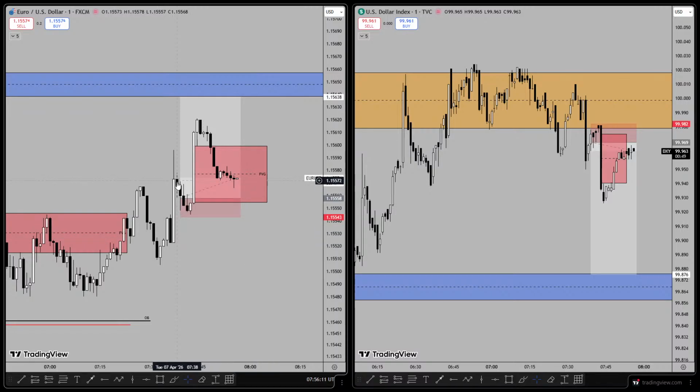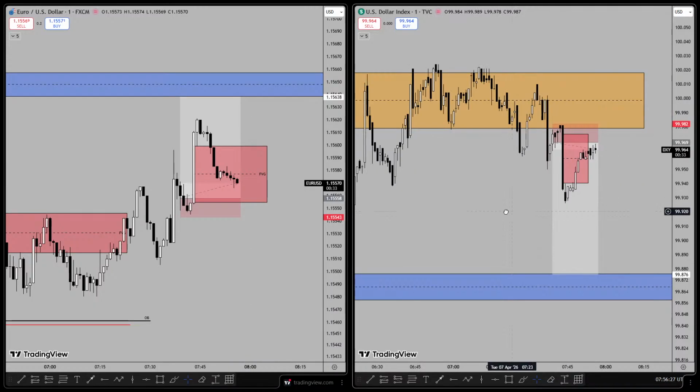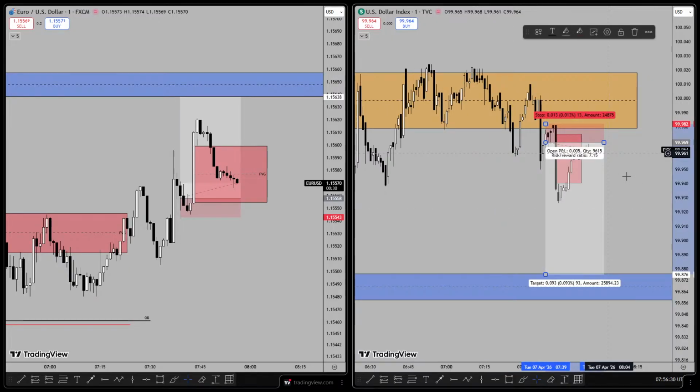But if price trades below the mid range of the order block, then that should lead to lower prices to run the swing low. On the dollar index, price is way closer, running out the high.